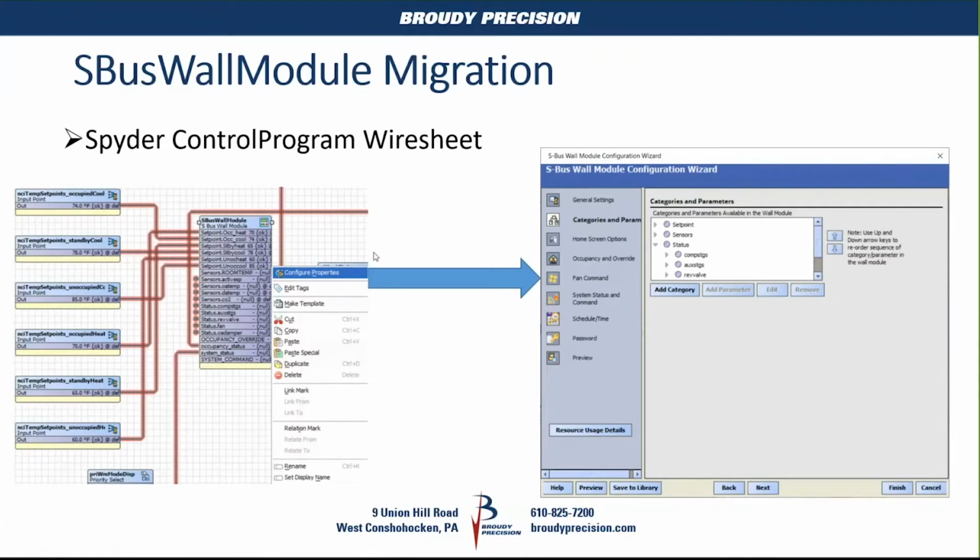One of the big changes in the CIPer 30 over the Spyders, and I think most have already been through Lou Jones and John Hutchie's webinar on the CIPer 30 in general, is that the SBus wall module is represented totally different now from the way it was in the Spyder. With the Spyder applications, that's what's shown on the screen here, you have your SBus wall module.